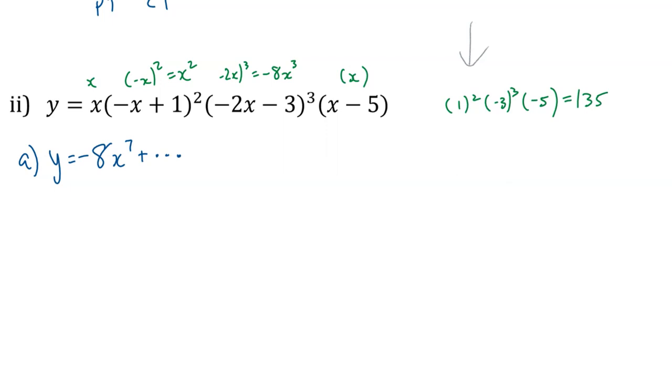Does that make sense? But this one's special because it's got an x. So that is actually plus 135x. And this one has a y-intercept of 0.